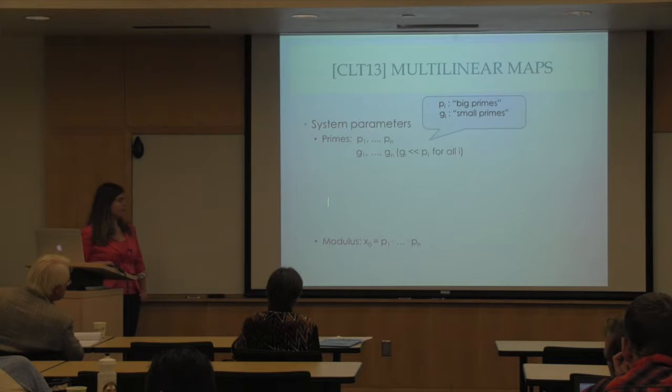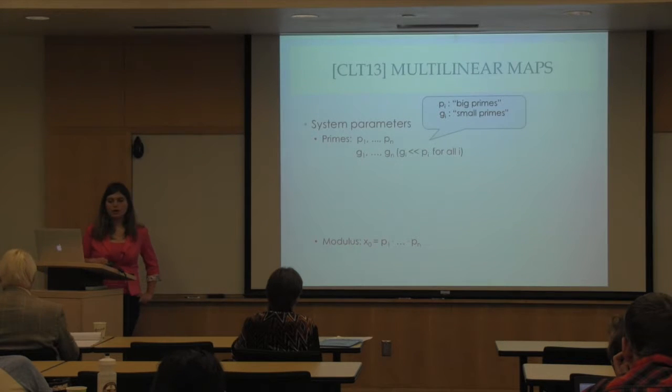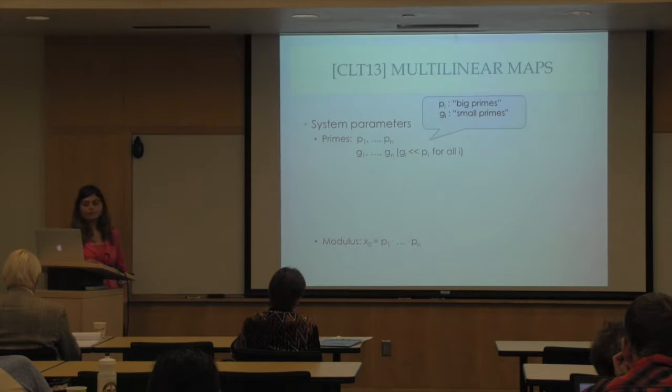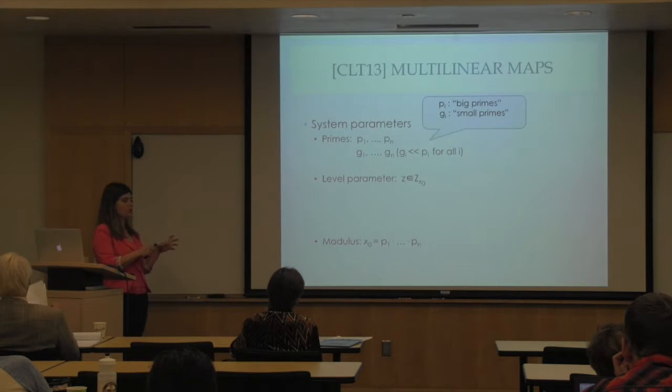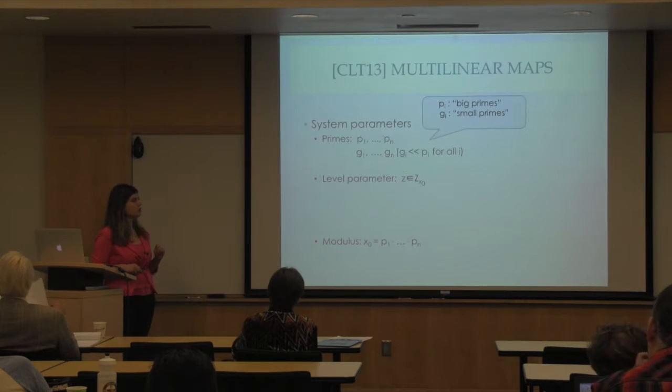Then we have a modulus x0, which is the product of all of the primes p1 to pn. We also have a level parameter b, which will be used for the encodings that are associated with a particular level.